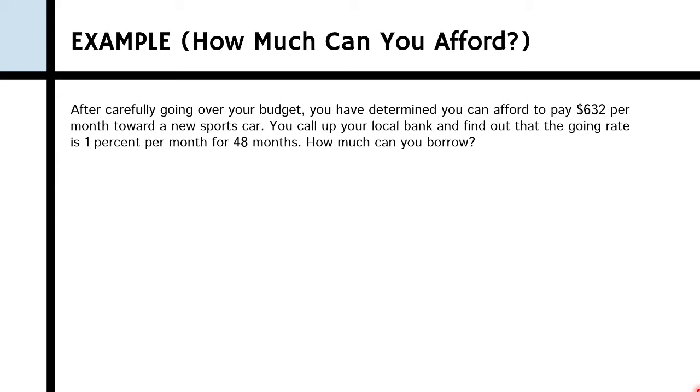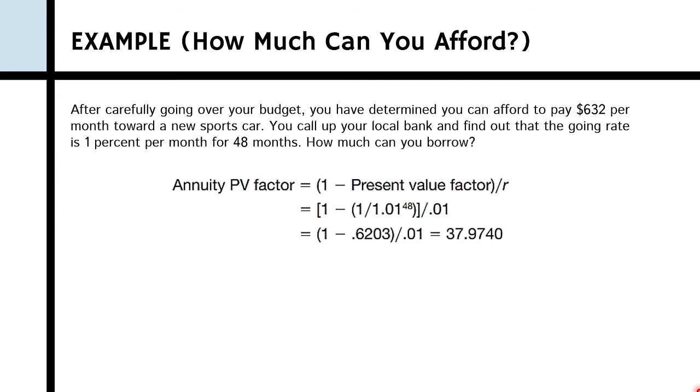at 1% per month. The loan payments are in ordinary annuity form, so the annuity PV factor is equal to the quantity of 1 minus the present value factor all over R. So, let's just substitute the values: the quantity of 1 minus quantity of 1 over 1.01 raised to 48, all over 0.01. Our annuity PV factor will be 37.9740.